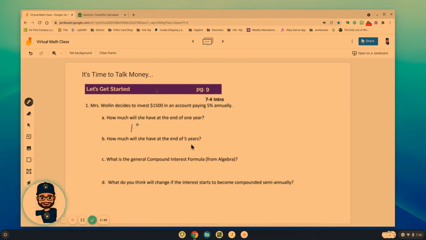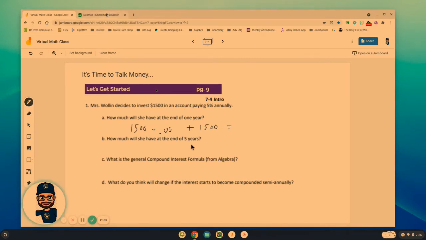In order to figure that out, we have 1,500 times the 5%, 0.05, and we're going to add back to that the amount that she started with, which was 1,500.